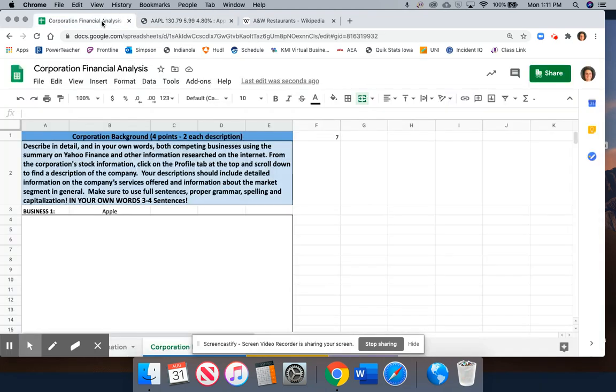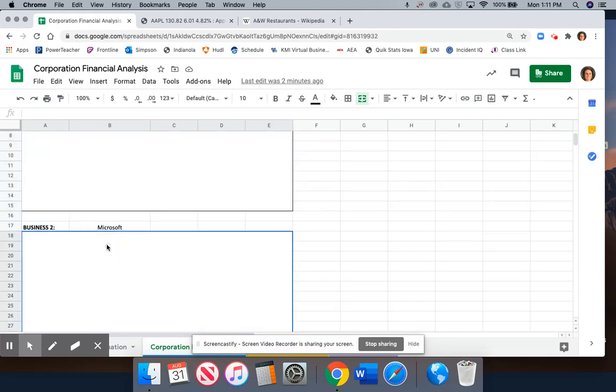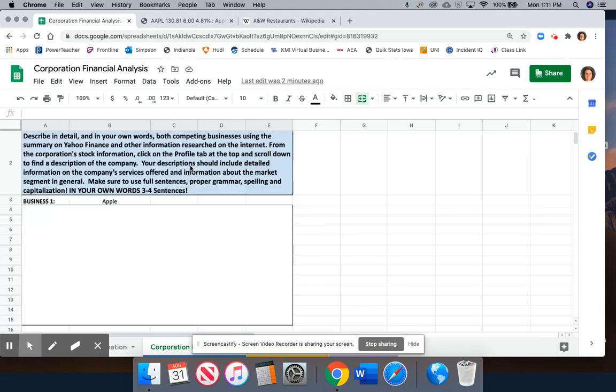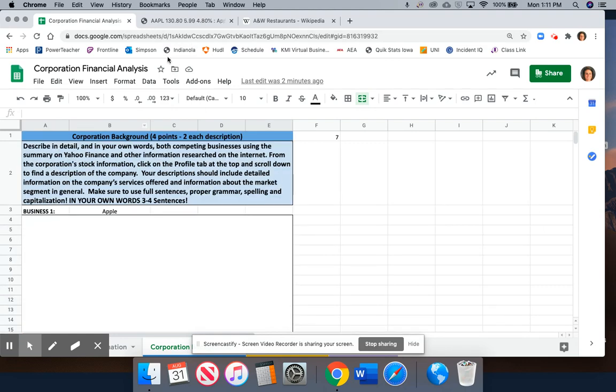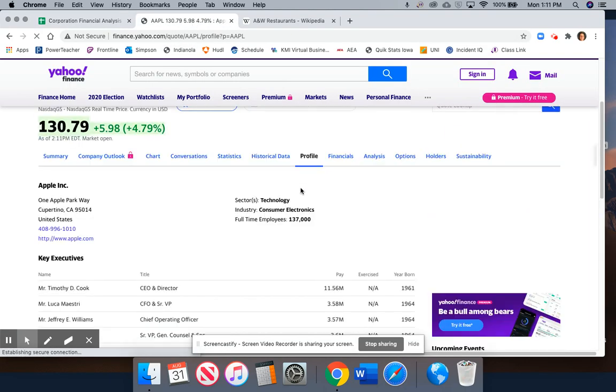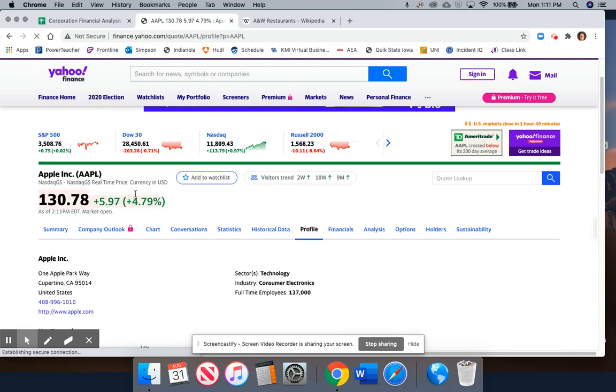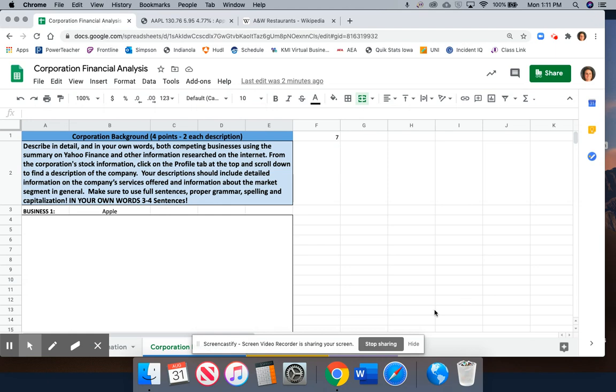So I would take that information, come in here, and in 3 to 4 sentences in my own words, explain what Apple is. And you'll do that for both companies. It's in the instructions as well, but in Yahoo Finance, I'm on Apple's page and I go to Profile. So that is our first tab.